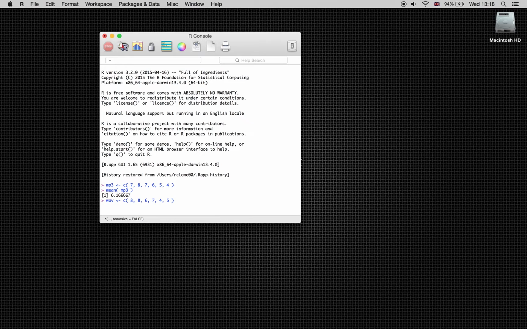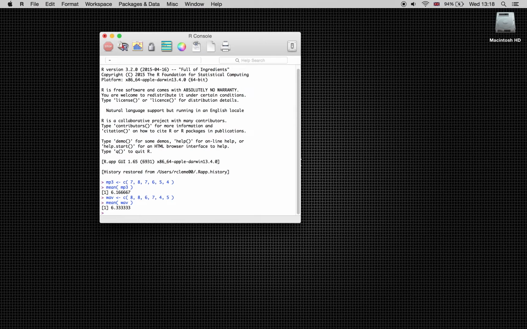It's not unusual that we get people being more or less fussy. You see the last 2 people seem to be a bit more fussy and they gave lower scores. If we look at the mean of the quality given to the WAV file, it is actually slightly higher. It's 6.33333. We want to know if this difference, where the WAV file is rated slightly higher in quality, is actually statistically significant or not.